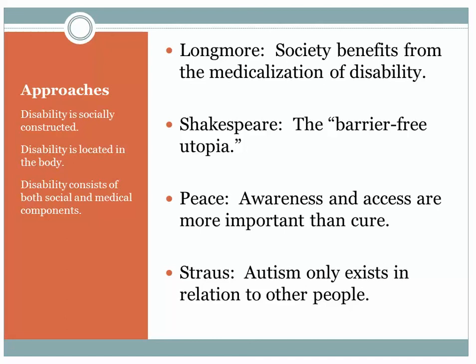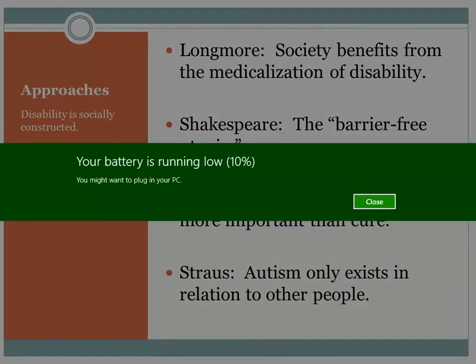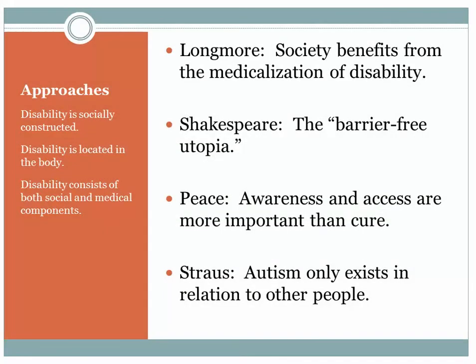And likewise, you have Strauss, who argues that autism only exists in relation to other people. He explains that autism is a series of social characteristics that exist in everyone, but in autistic people they exist disproportionately. And so it is our social definition of these characteristics that makes us see them as excessive.